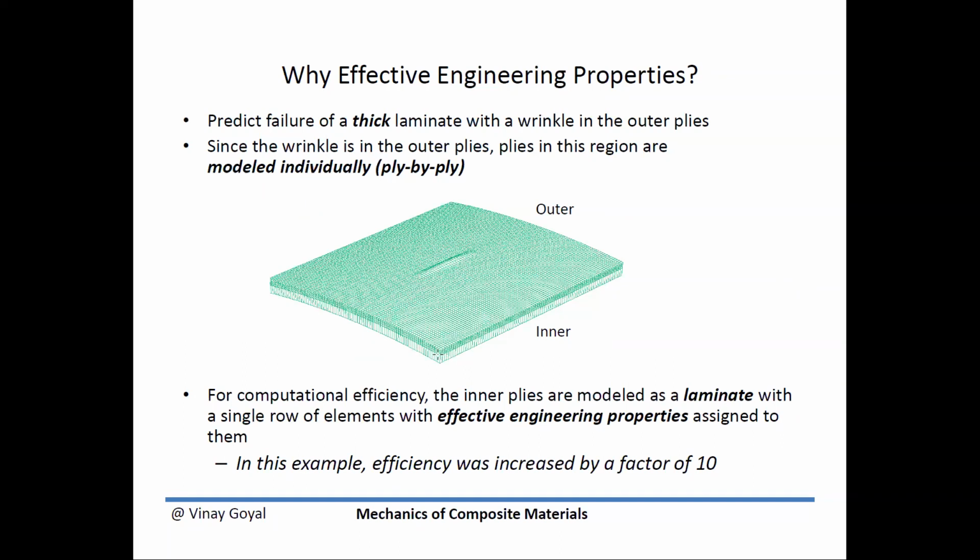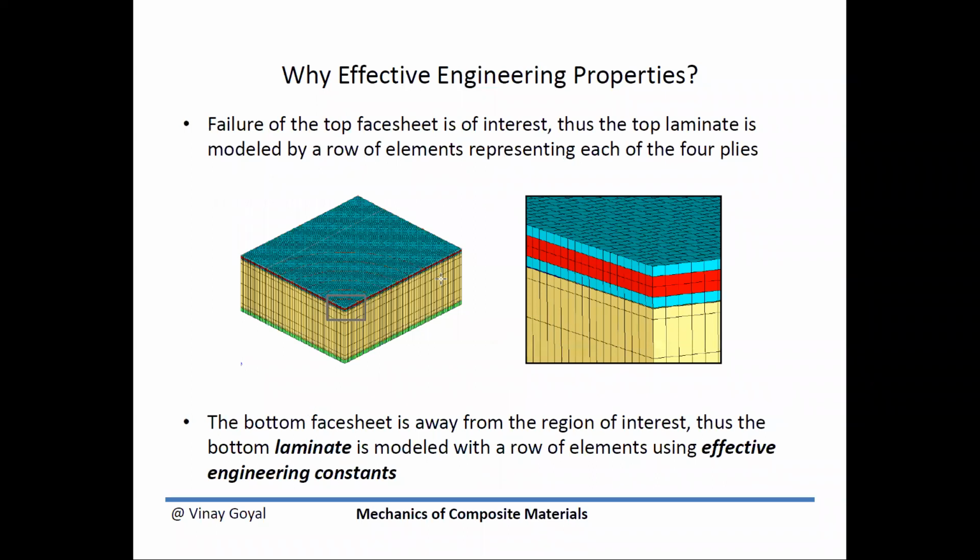Instead, you can take a stack of plies at the bottom, and you can see I have a single row of elements. Maybe that's representative of, say, 75 plies. I can come up with effective engineering constants for those 75 plies and not have to model every single ply. I'm modeling just the effects. Well, the top 4 plies are important because that's near where the wrinkle is. And so that's going to increase efficiency by a factor of 10 in this example.